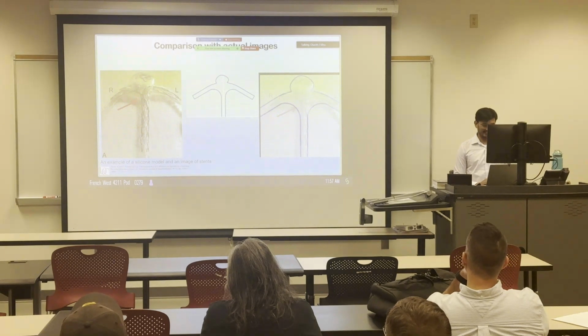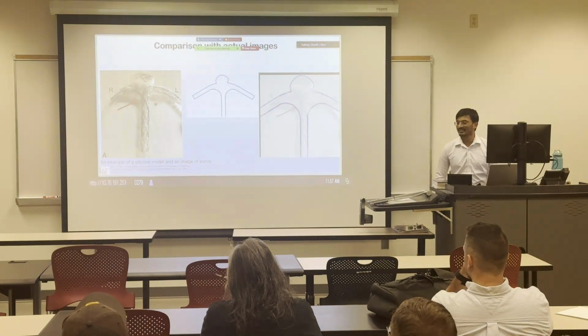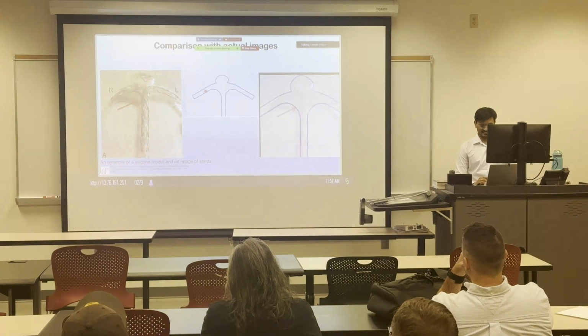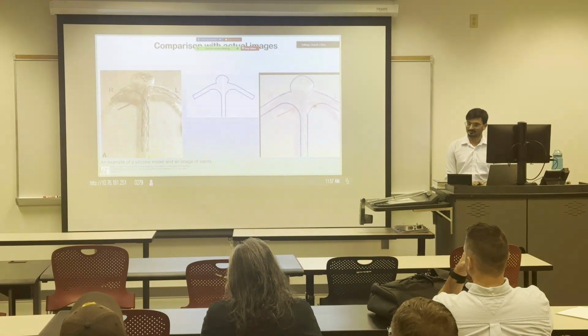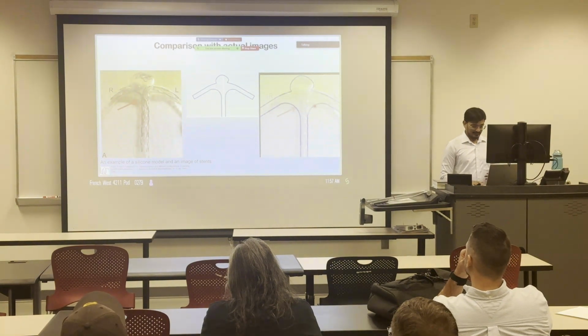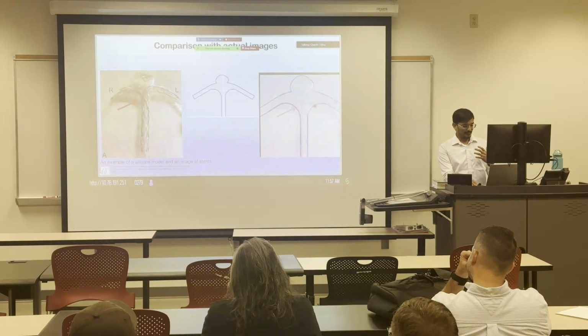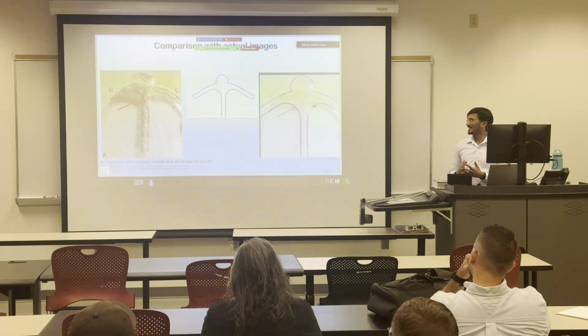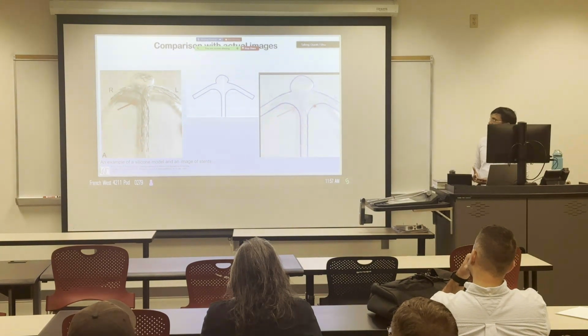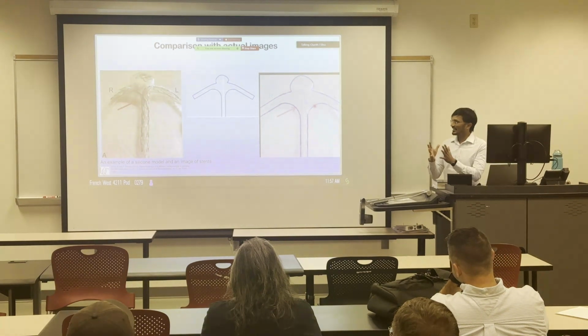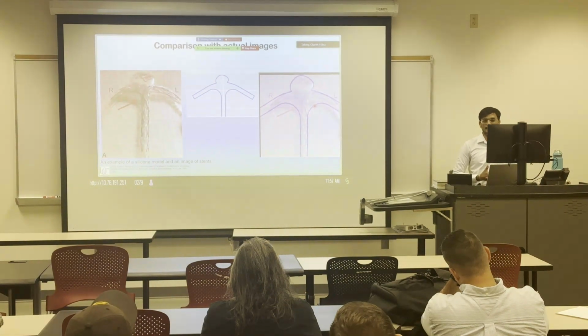And finally, this is a silicon model that they have created, but still you can get the shape. So the model that we have proposed accurately describes the 3D geometry that we actually have in reality.